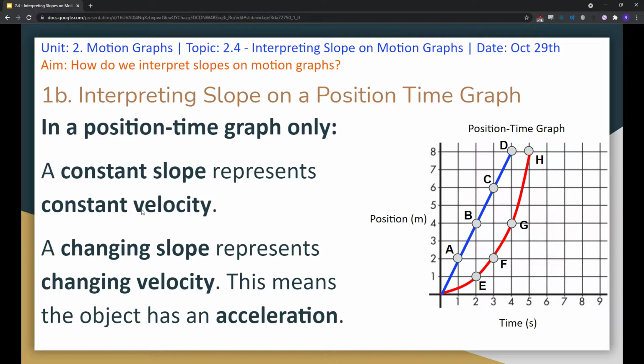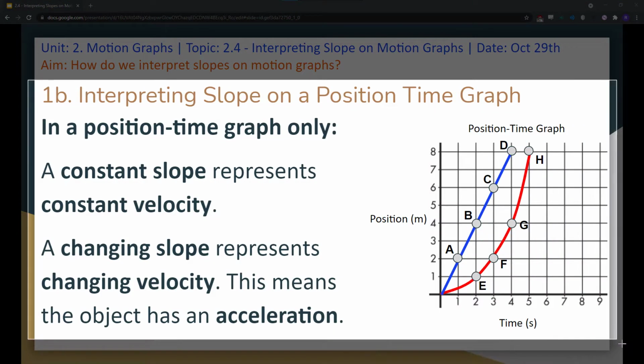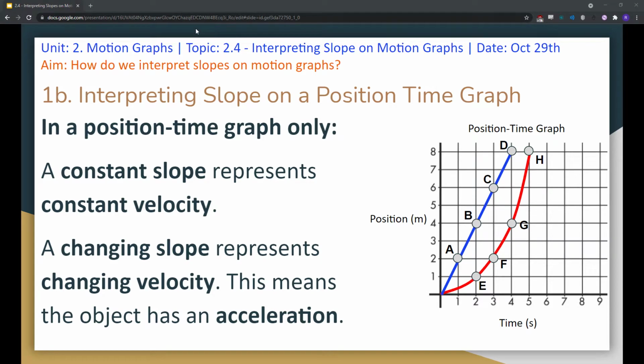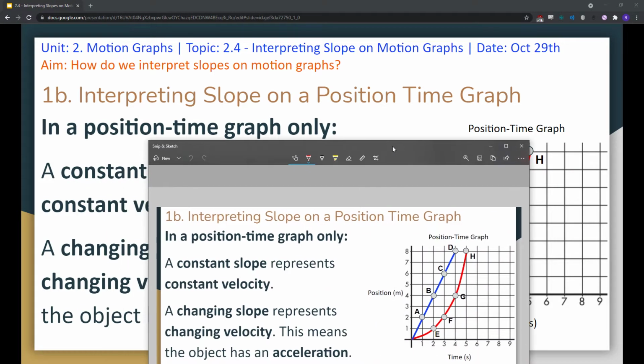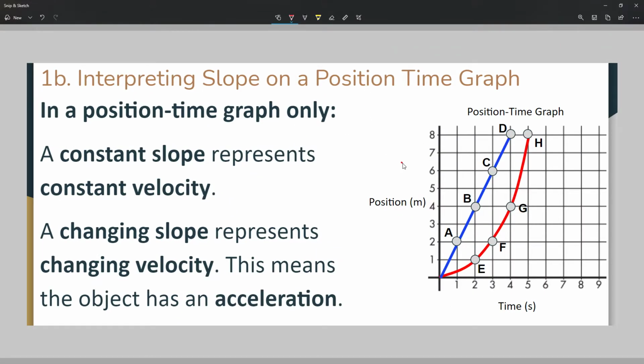So a constant slope represents constant velocity. So a constant slope, constant velocity.